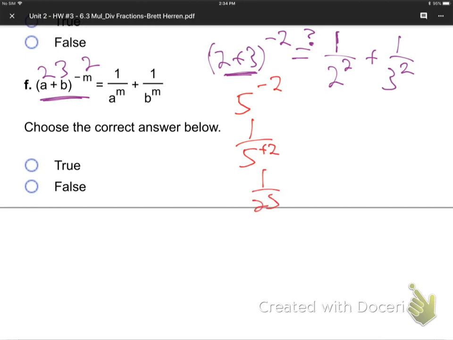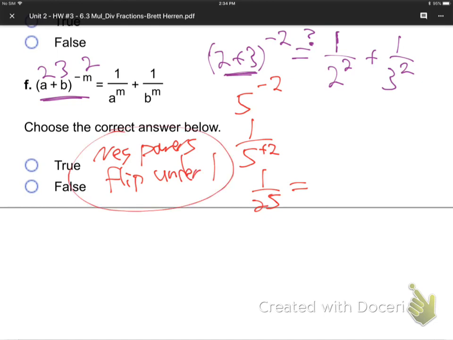In other words, 1/25. Does that make sense? So negative powers flip the thing under 1. So that's what we do for that one.